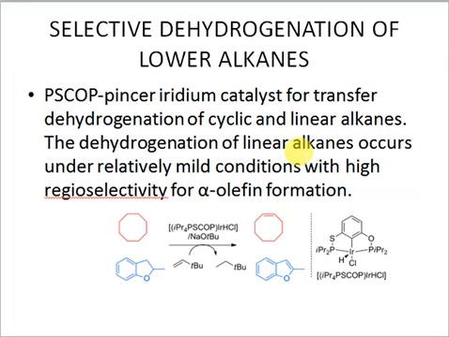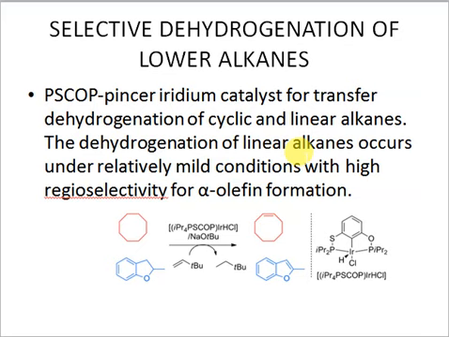This dehydrogenation reaction has the advantage that it is carried out under mild conditions, and it is highly regioselective. If you want to bring a double bond at a desired position, it will give you a double bond at that desired position. That's regioselective, and it's useful for alpha olefin formation, right?